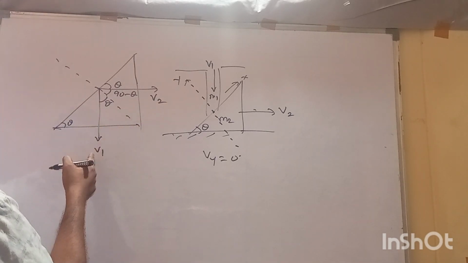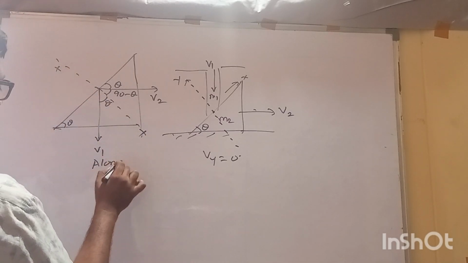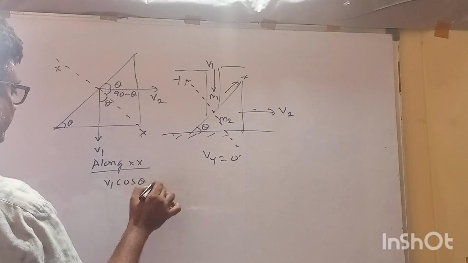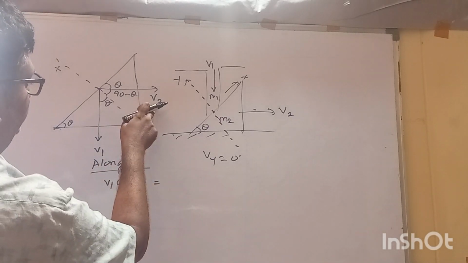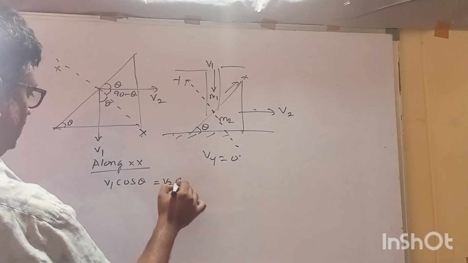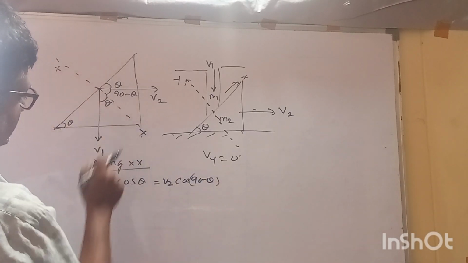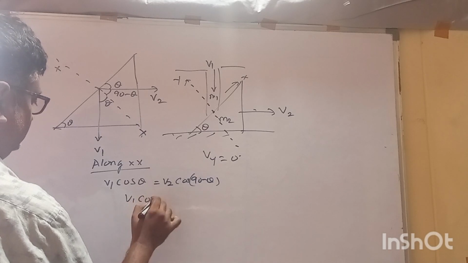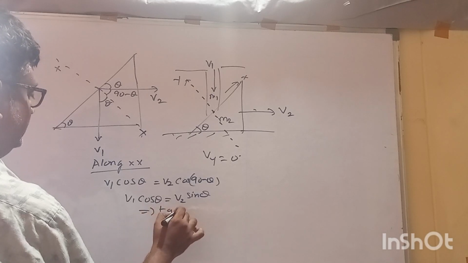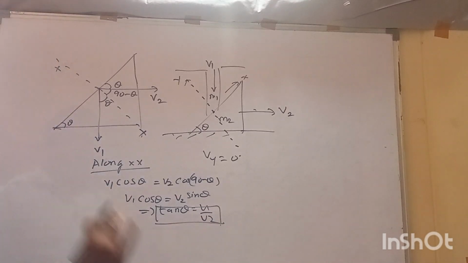So the velocity component of v1 along xx will be v1 cos theta, which is equal to the component of v2 along this dotted line, which will be v2 into cos of 90 minus theta, because you see this is the adjacent line, right? So this becomes v1 cos theta is equal to v2 sin theta. That implies tan theta is equal to v1 by v2. This is the relationship between the velocities.